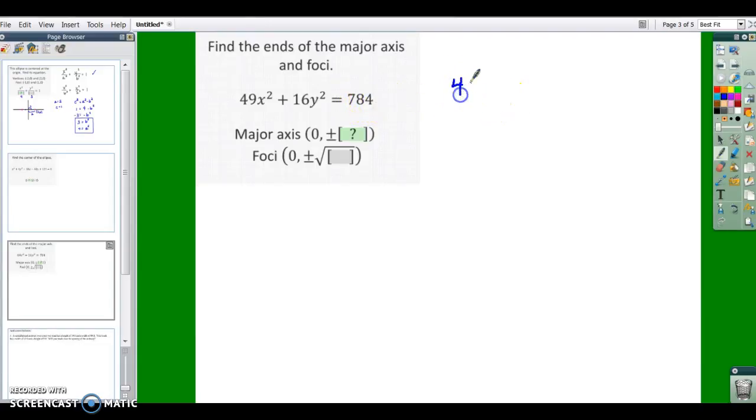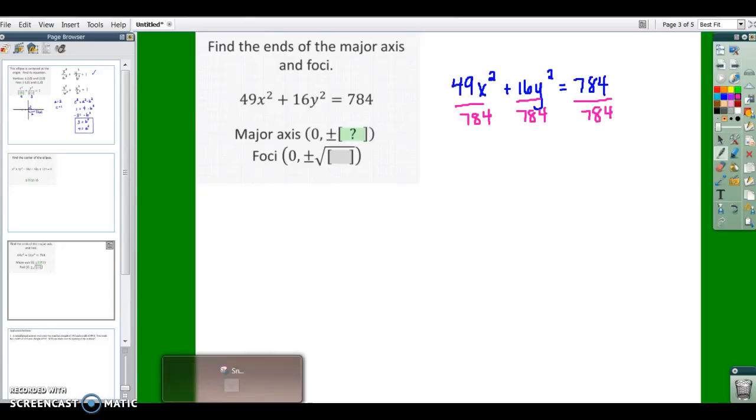So all it takes is a little bit of manipulation to get it into a form that we recognize. All we would need to do is divide everything by 784. That way I get the right-hand side of my equation to equal 1.